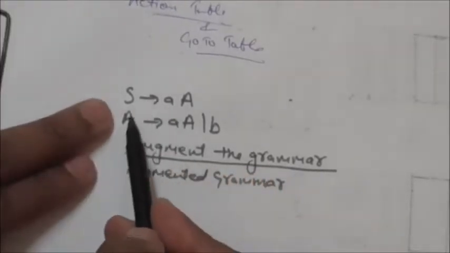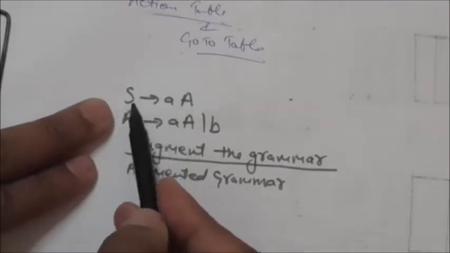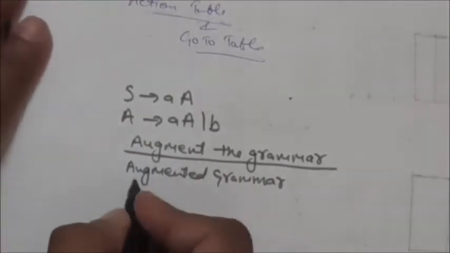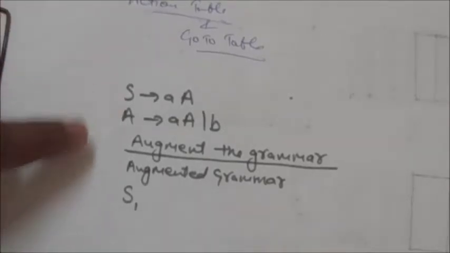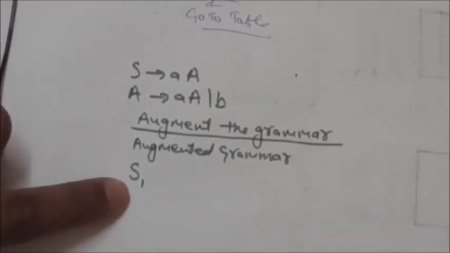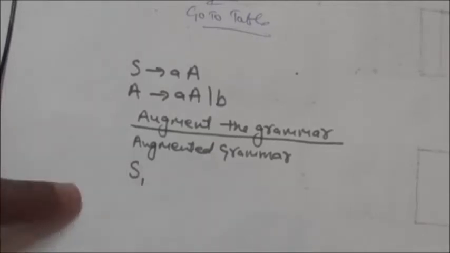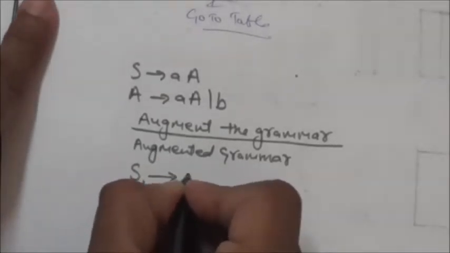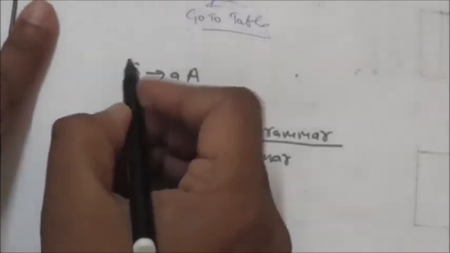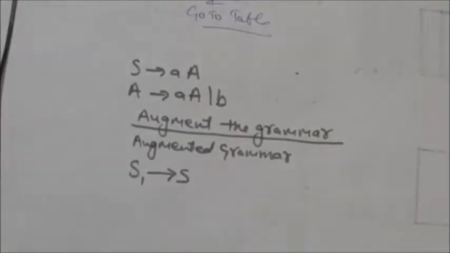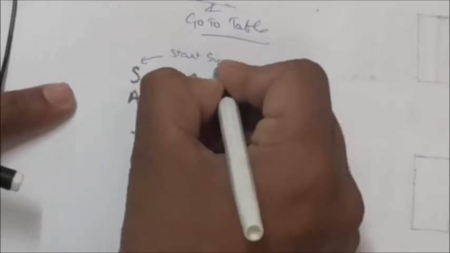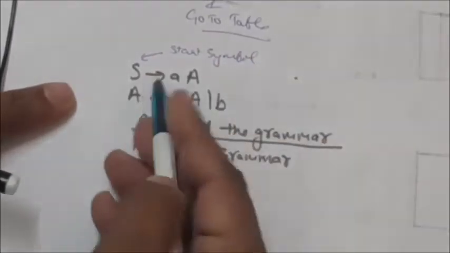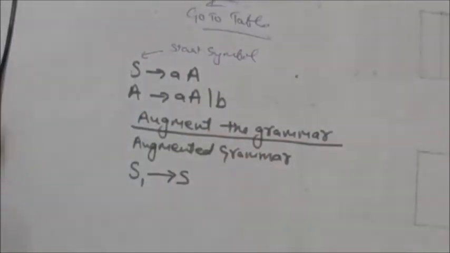So in this grammar, right, we will add one more non-terminal, that is S1, right? In this grammar we will add one more non-terminal symbol S1, right? And one more production rule, S1 derives S, right? Where this S is what? This S is the start symbol of the grammar.